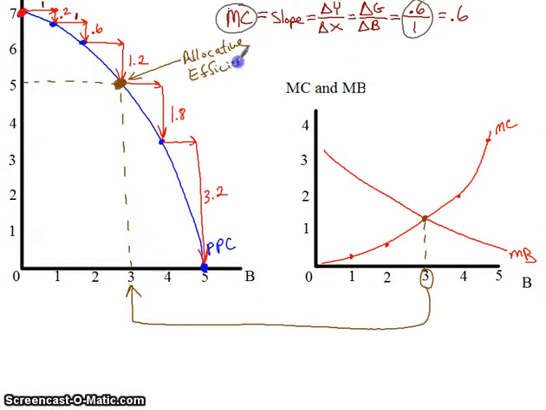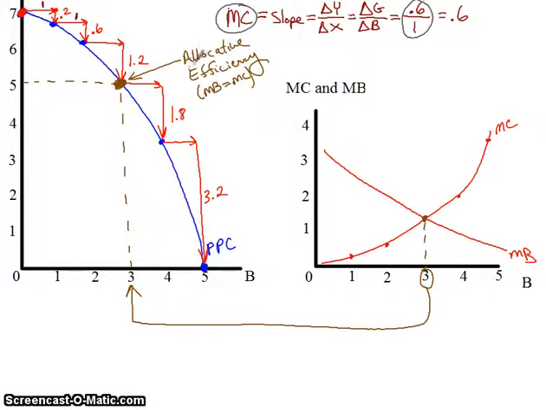Allocative efficiency is the point where the marginal benefit equals marginal cost. This is the point of utility maximization. How did I get there? I got there by finding the number of units of butter where the marginal benefits equal the marginal cost, maximizing the utility in terms of butter production, and then I came back to the production possibilities curve and found that if we produce 3 butter, we could produce 5 guns.